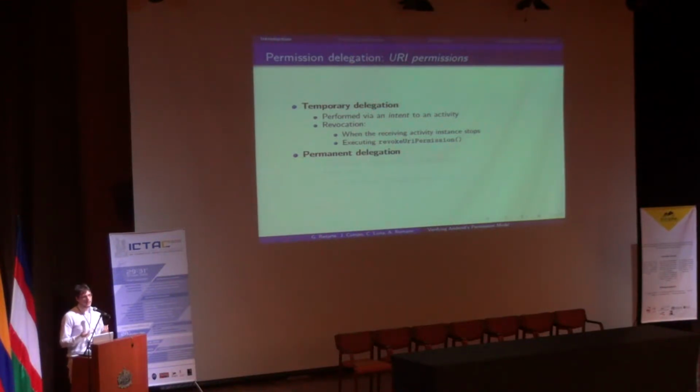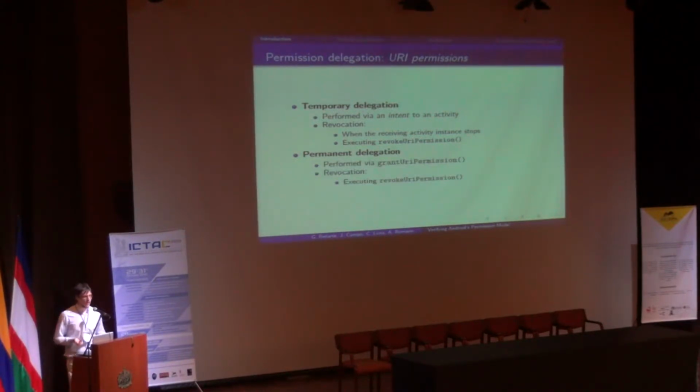When an activity receives temporary delegations inside an intent, then it first fires its corresponding screen as usual, and then it enables all the components in the application to have access to the specified URIs in the message. These permissions are revoked when the screen fired by the receiving activity ends its execution, or if a method called revoke URI permission is explicitly invoked.